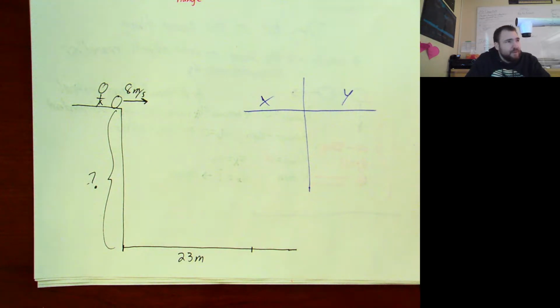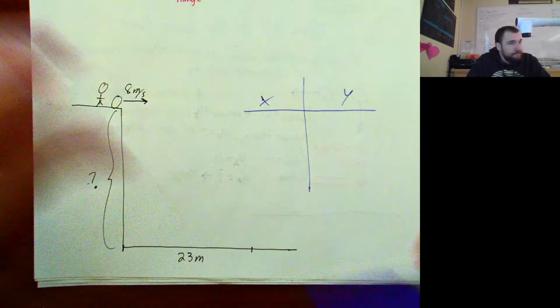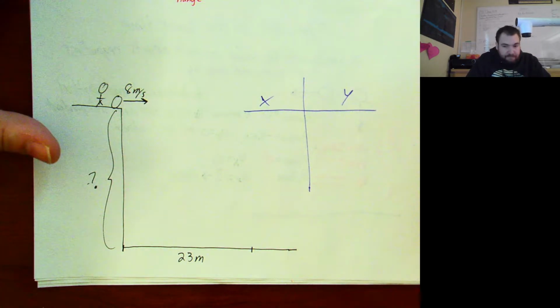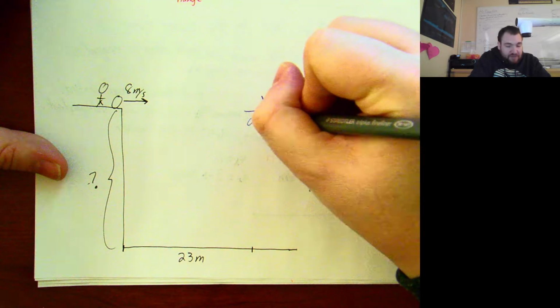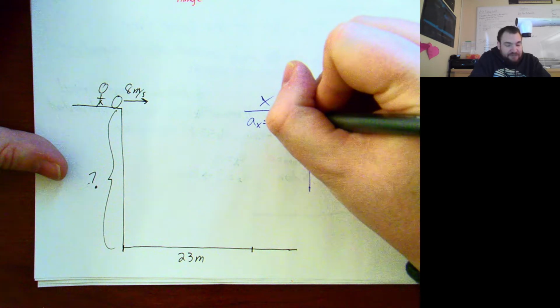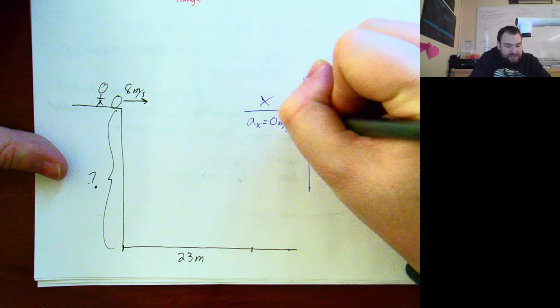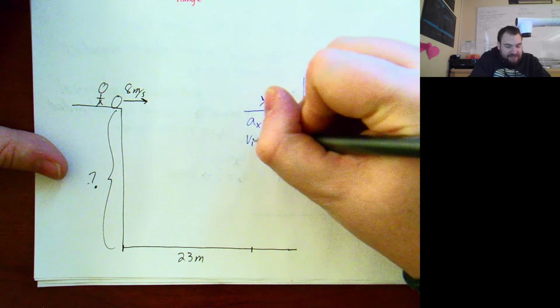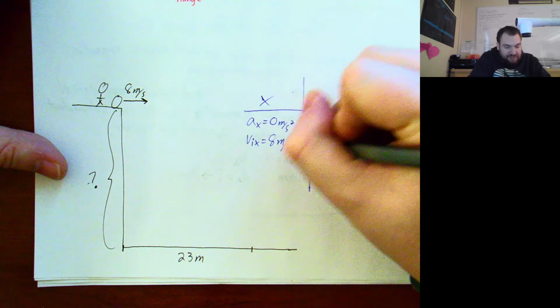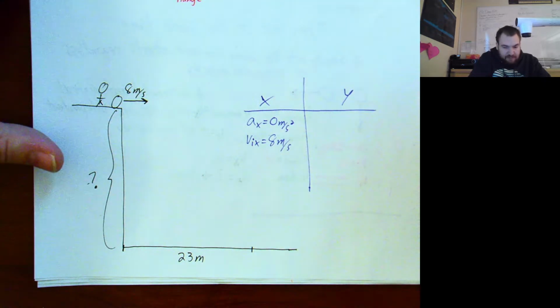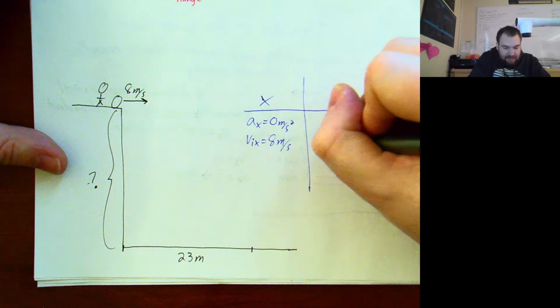And now let's fill this in. What do we know? So we had AX equals 0. Cool. Luis, you said VIX is going to be 8 meters per second. VIY is going to be 0.